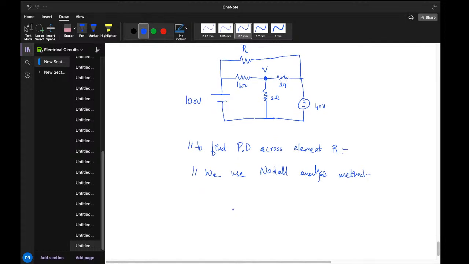So according to nodal analysis method, we have V minus 100 divided by 14 over here. We are interested in these elements over here. Let's just try writing them. It's V minus 100 divided by 14.